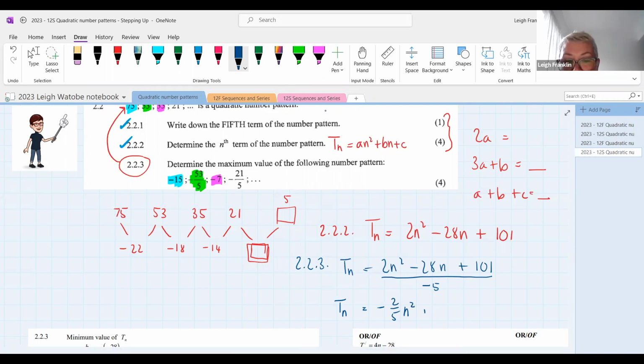Negative divided by negative is a positive, plus 28n/5 plus 101/5. Oh, sorry, I'm talking nonsense. I've made a sign mistake there, haven't I? It should be a negative. Okay, so each term in my nth term has been divided by -5.